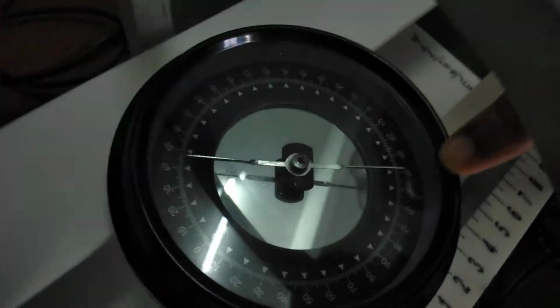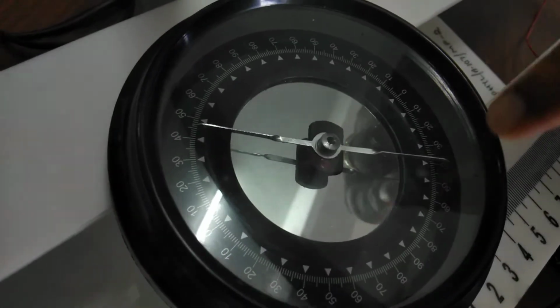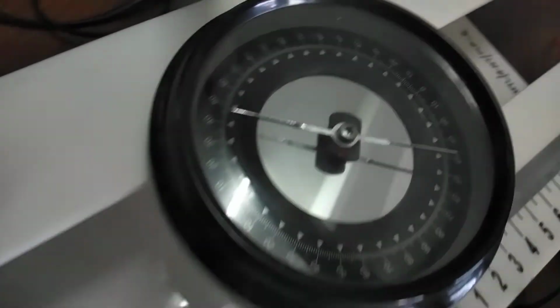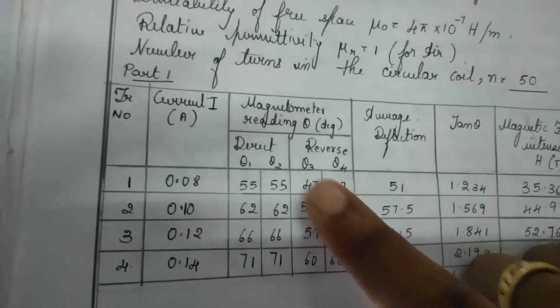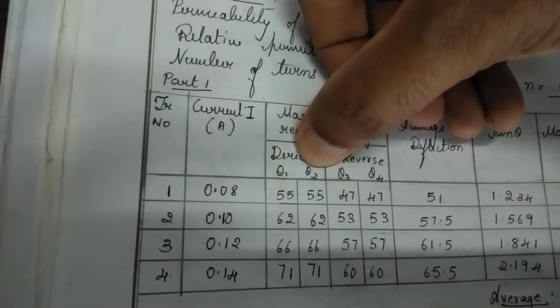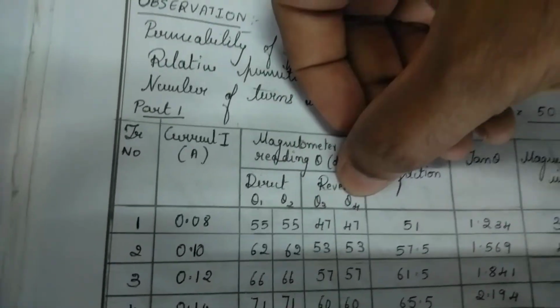Theta 1 is 45 and theta 2 is 44. So here we can write theta 3 as 45, theta 4 as 44. But here she got the reading as 47 and 47. So you will get theta 1 and theta 2 for one set of values, and when you rotate the commutator you will get theta 3 and theta 4.